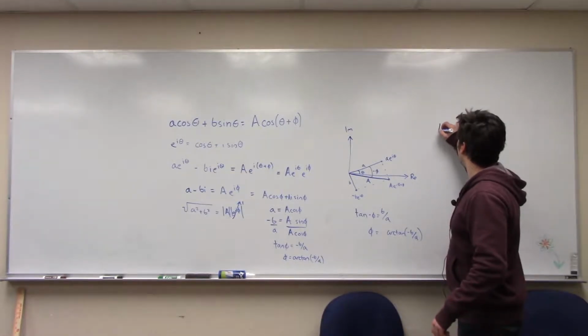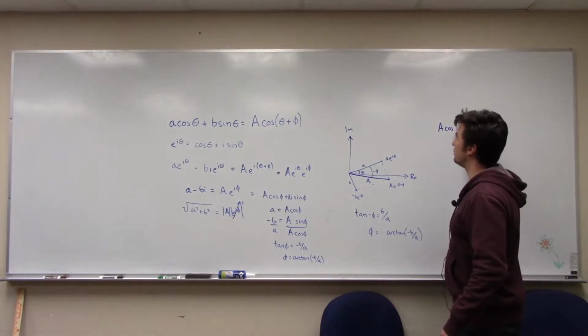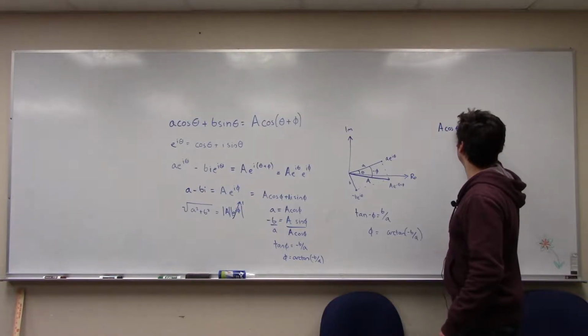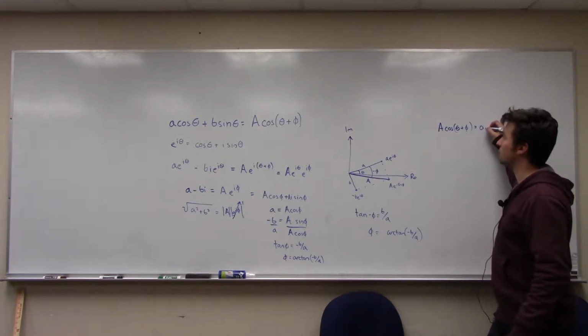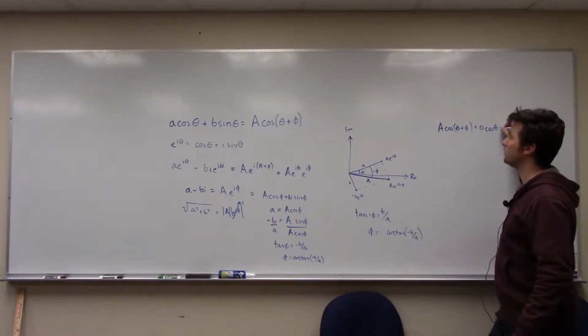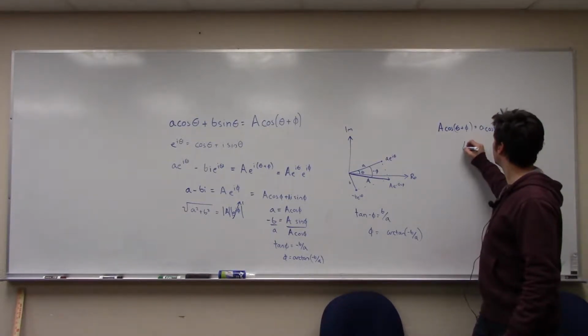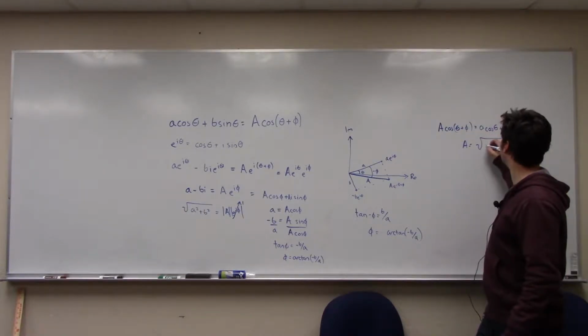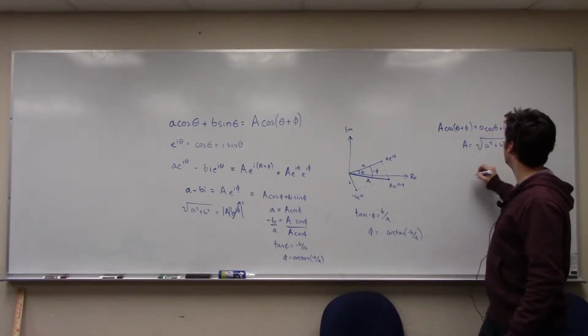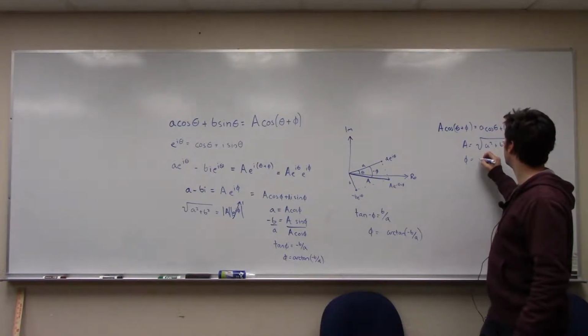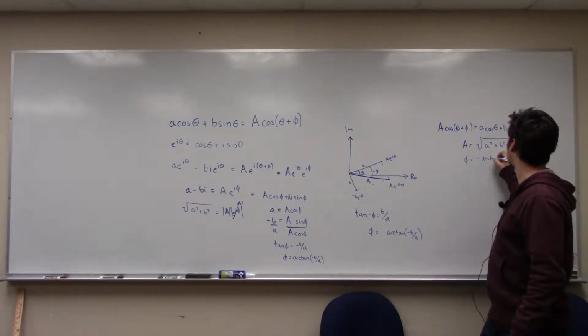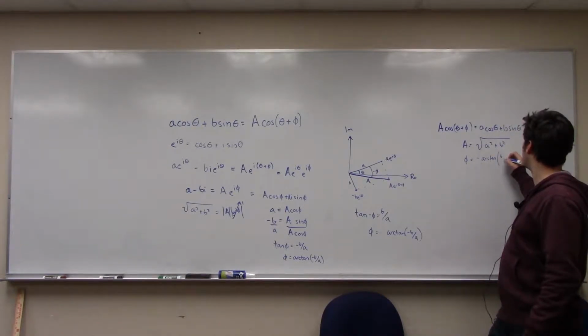We know that if A cosine of theta plus phi is equal to A cosine theta, I'm just copying this, plus B sine theta, well, that means that A must be the square root of A squared plus B squared, and phi is negative, I can put negative arctangent. It works like that. You can take the negative sign out of B over A.